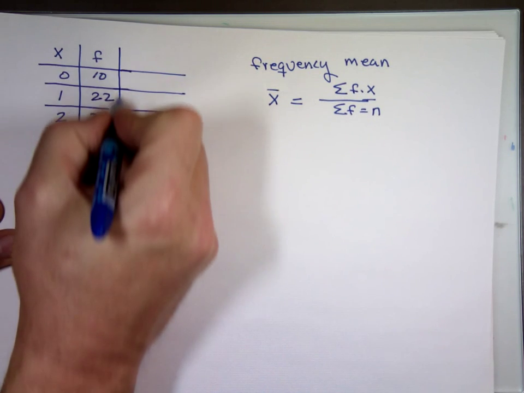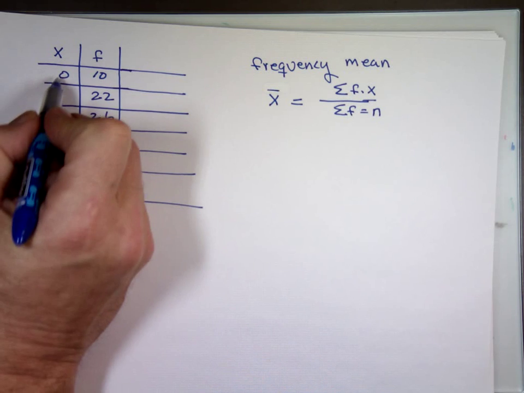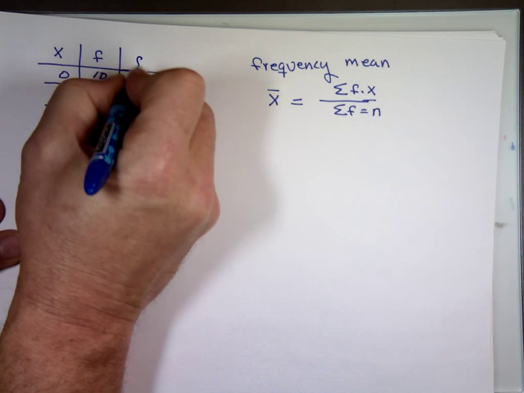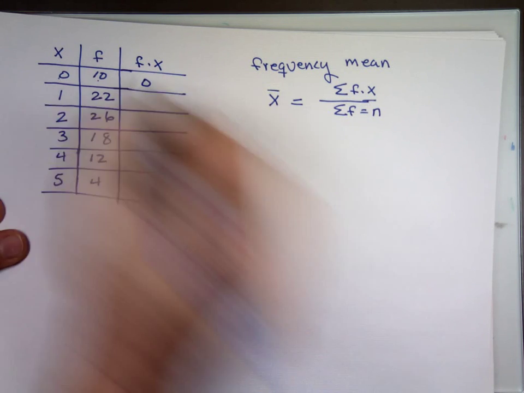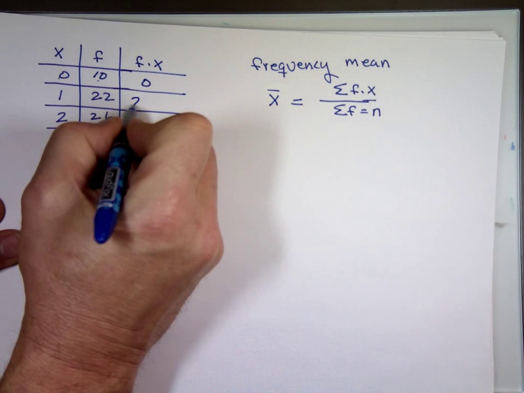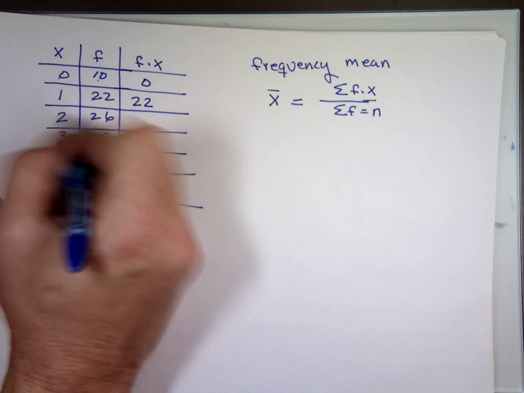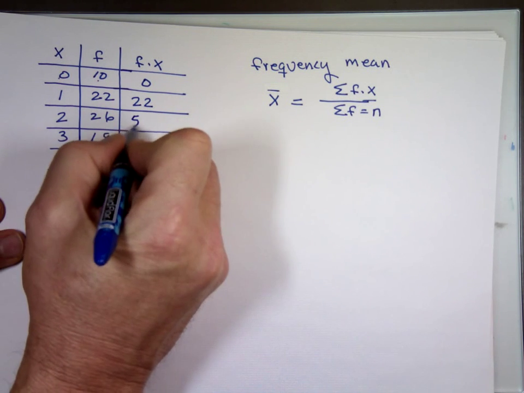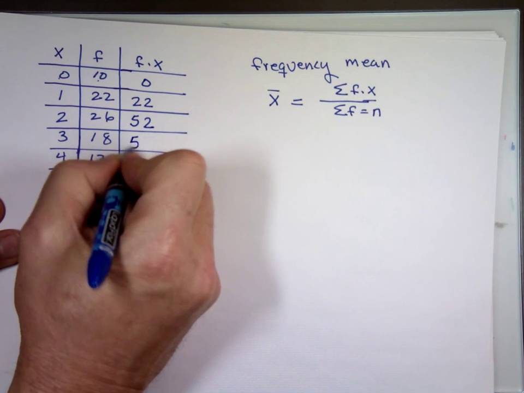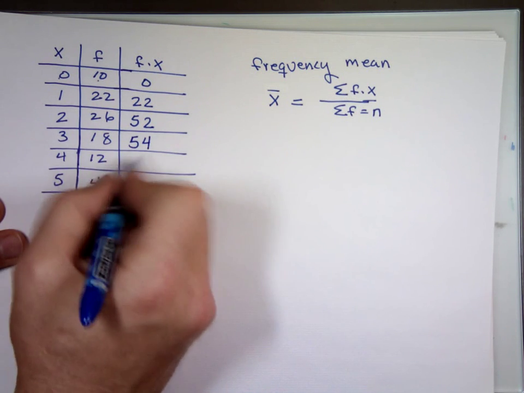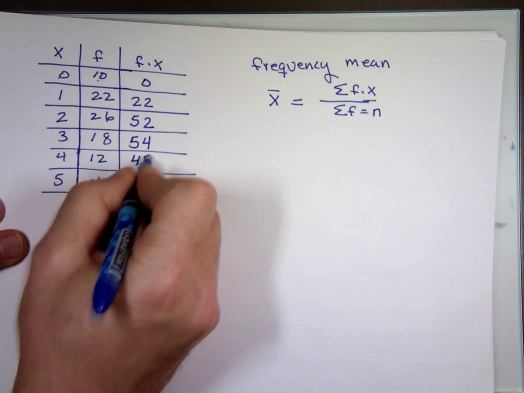So now I need to multiply. This is f times x. 0 times 10, 0. 1 times 22, 22. 2 times 26, is that 52? 3 times 18, is that 54, I think? 4 times 12, 48. 5 times 4, 20.